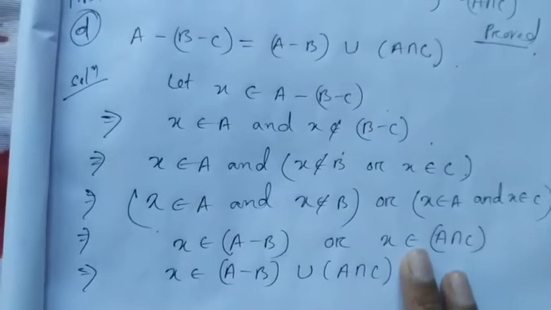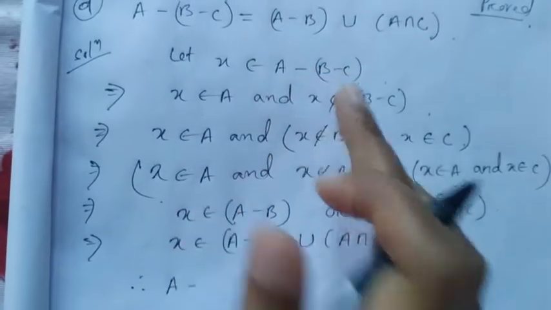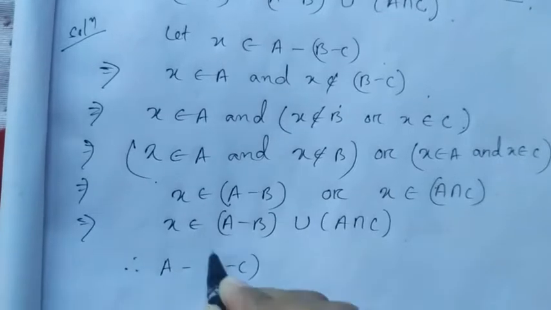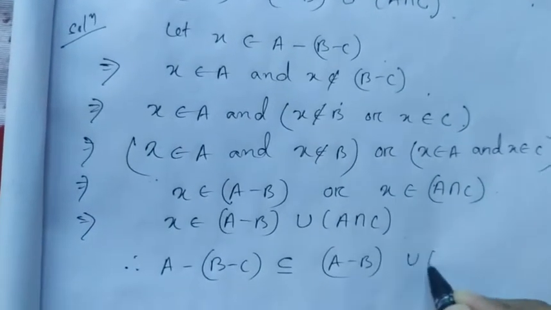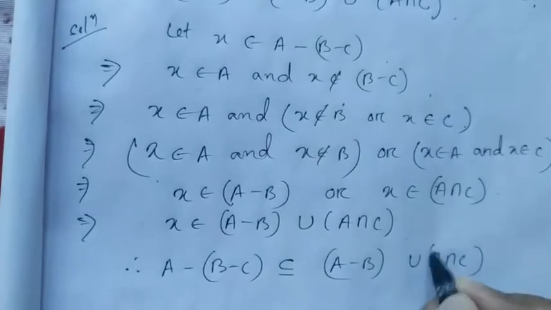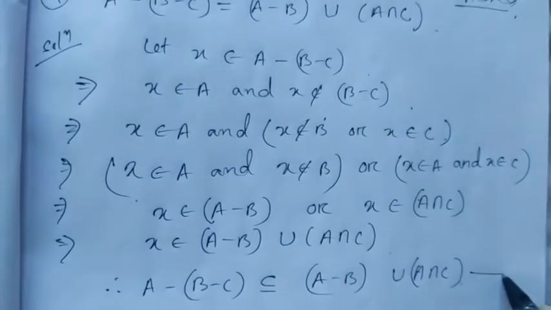So therefore A minus (B minus C) is a subset of (A minus B) union (A intersection C). This one I will give number 1.